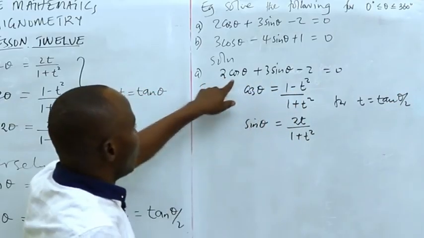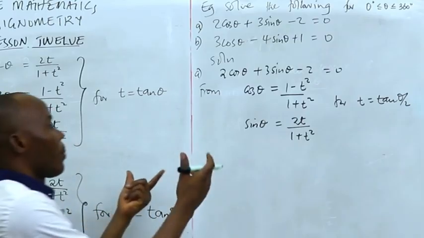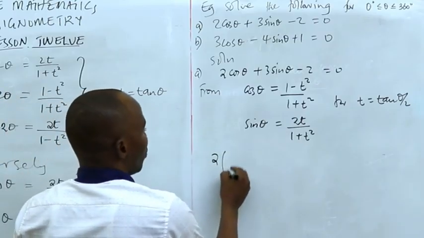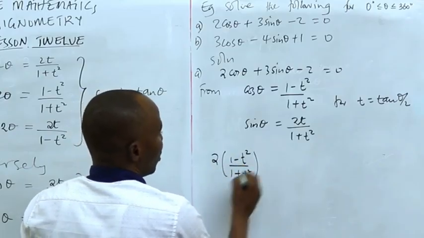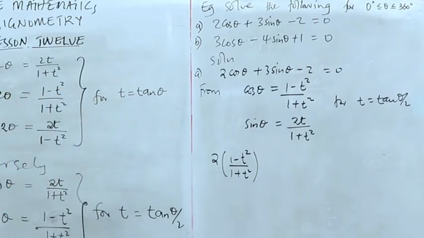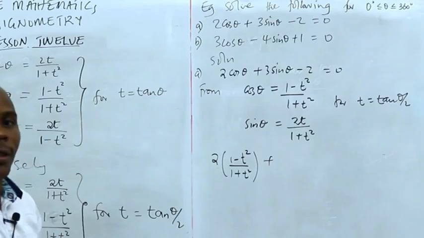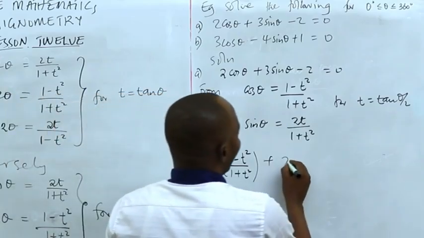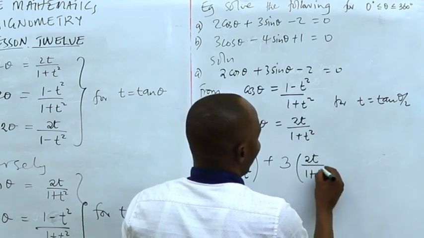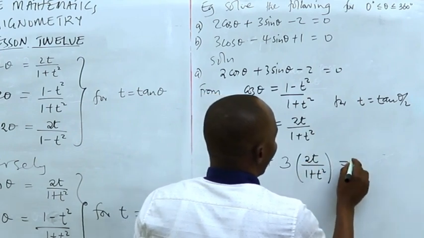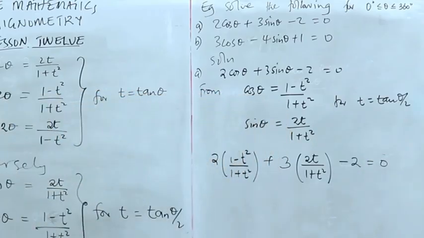If I substitute, because I'm interested in uniformity to calculate, we have 2 into 1 minus t squared over 1 plus t squared, that is the representative of cos, then plus 3 into 2t over 1 plus t squared, minus 2, that one is equal to 0.